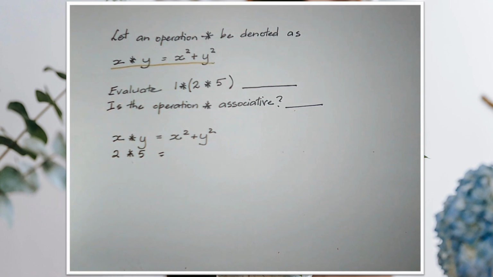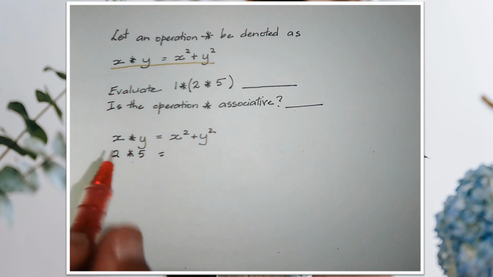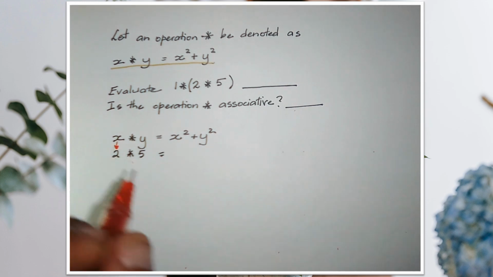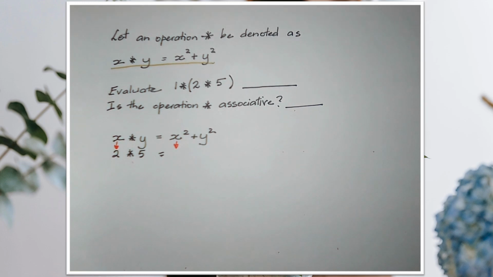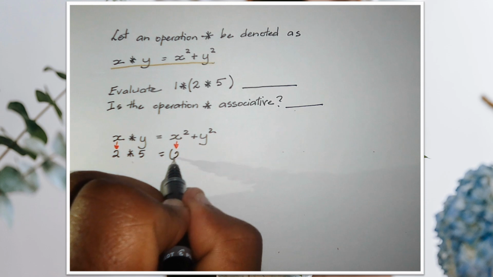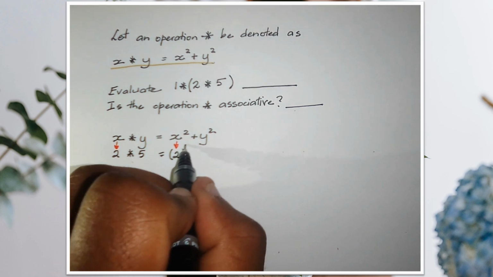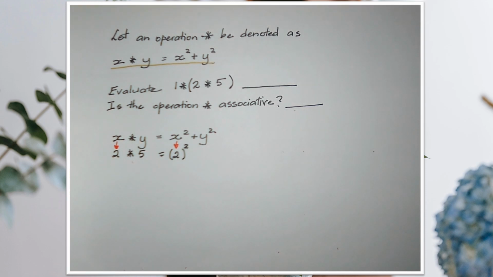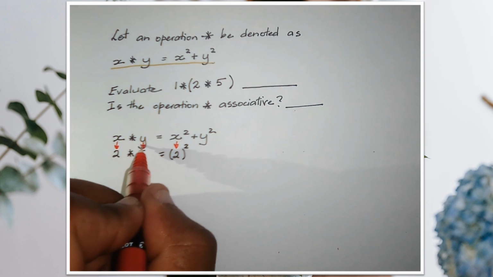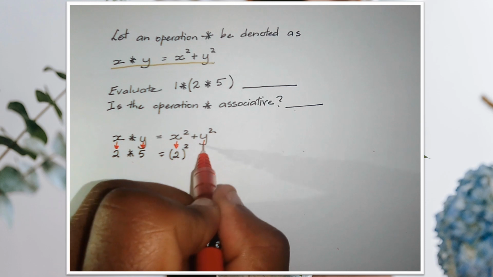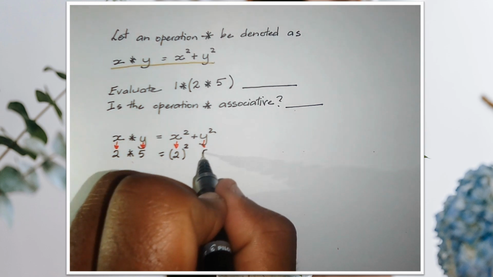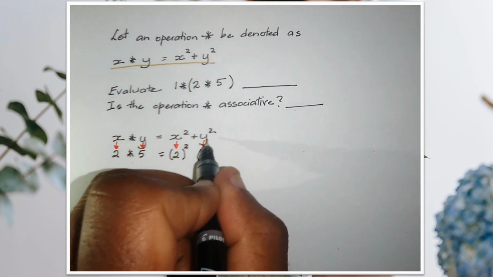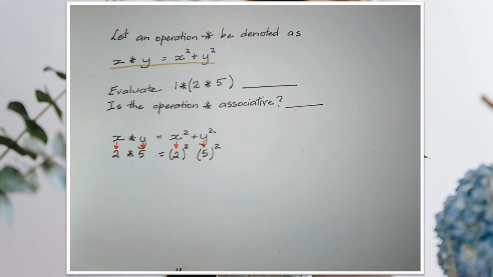So straight away we know the value of x is going to be 2, so I have to look for x and replace it with 2. Notice that this x had an square, so I'm going to put on the square. The value of y is going to be 5, so I need to find y and replace it with 5. Notice too that this y had a square, so 5 should have a square.